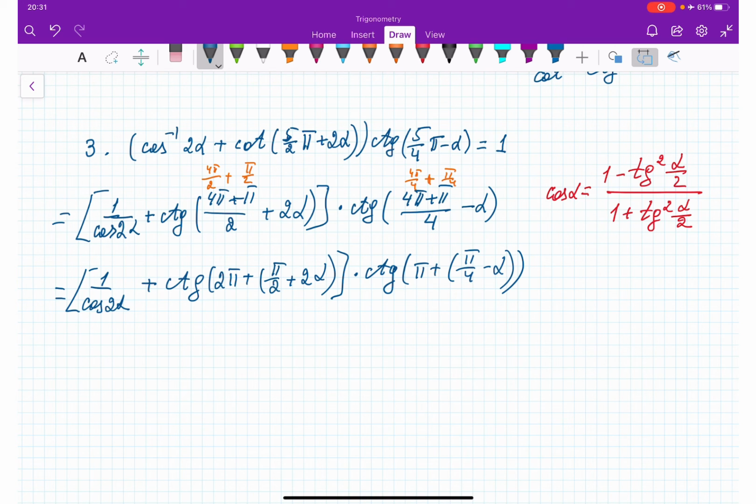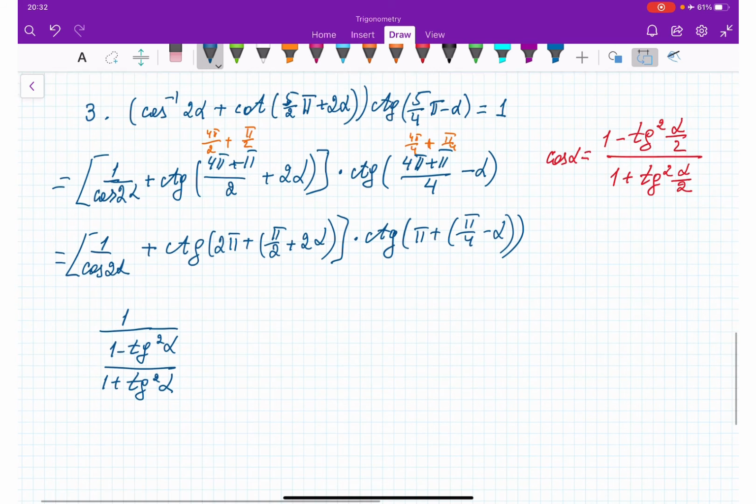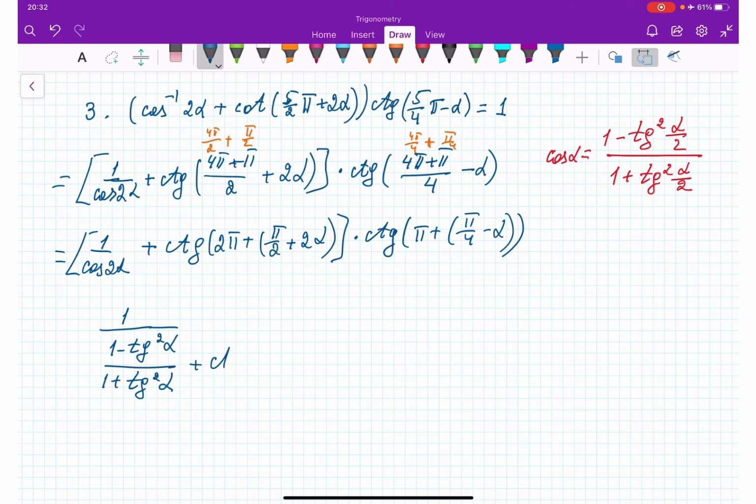Cosine alpha, I'm going to break down: 1 over (1 minus tangent squared alpha) over (1 plus tangent squared alpha), and plus cotangent. Since the period is 1 pi, even if we go 2 pi, you're still going to come to the same angle, half a pi plus 2 alpha. Therefore, since the position is going to be the same, it's going to be equal to cotangent (half a pi plus 2 alpha).